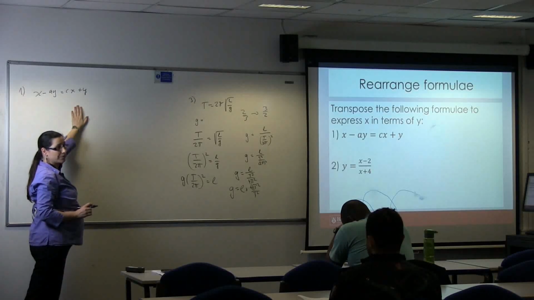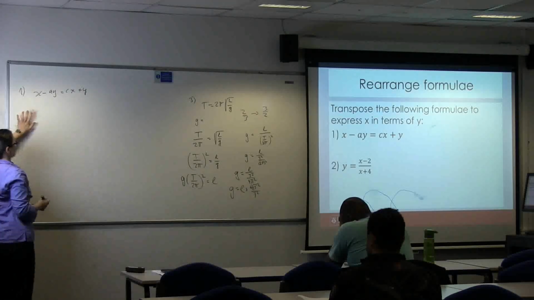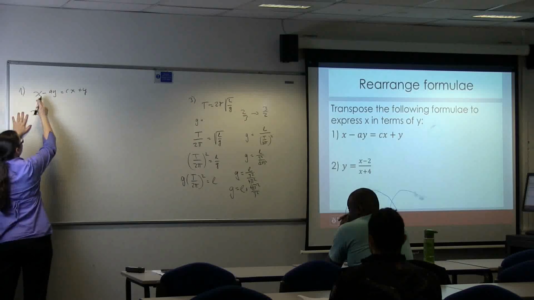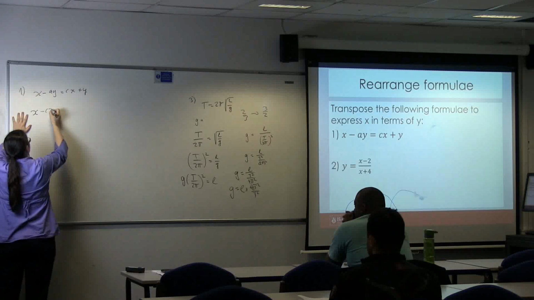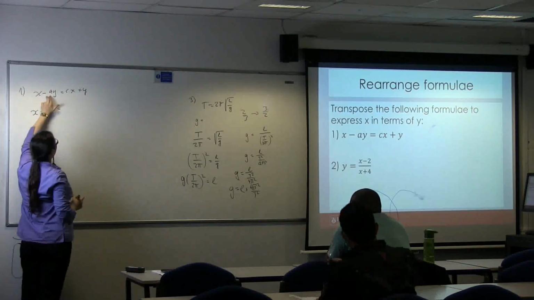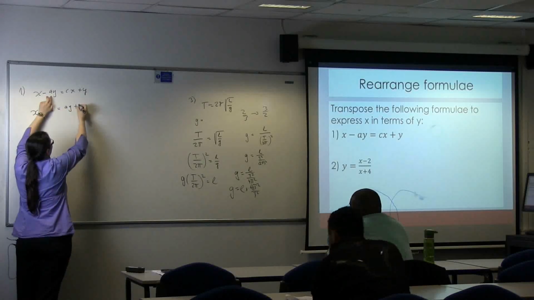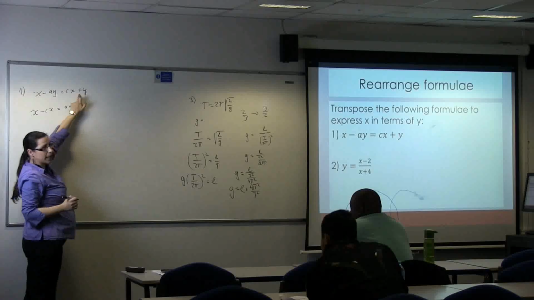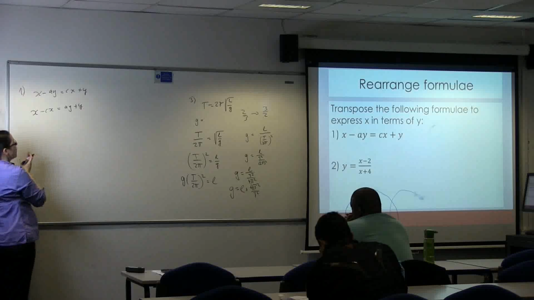Makes no difference. Okay, we're going to collect it into here. So then I've got x already here. The cx is on the other side, so I need to take it away. And this is minus ay, so if I move it to the other side, I've got ay plus y, because the plus y was already here. In that way I separated them, and x is on one side.